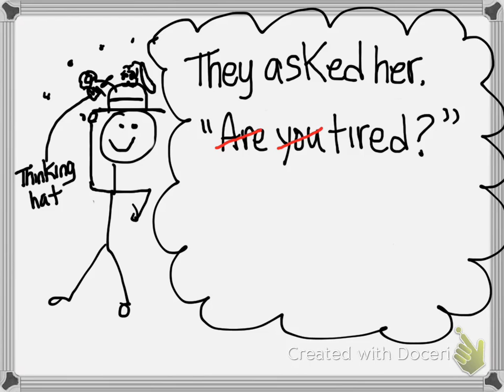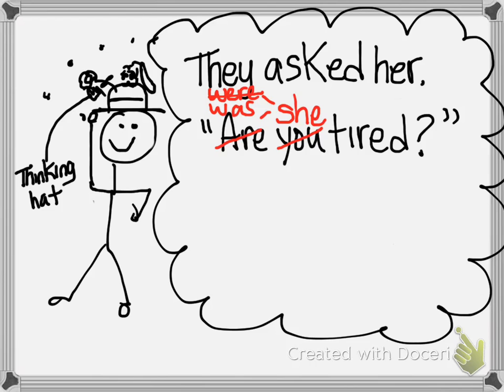You is going to change to she, right? Now are is going to become simple past. So should we use she were, or should we use she was? Yeah, was is what's correct here. Okay, was she tired? That makes sense. She and was go together.